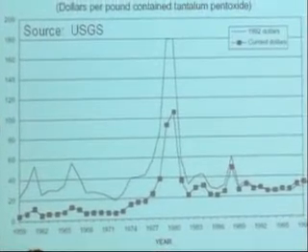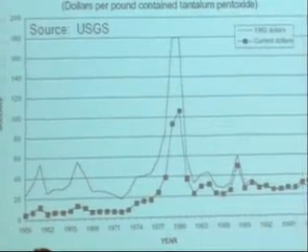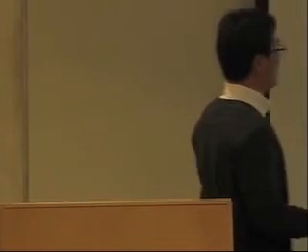GE, General Electric, is not only an electronic appliances company, but also produces a lot of industrial turbines and jet engines. Before this, there was not much use of tantalum. And in about the late 1970s, they introduced a new superalloy using tantalum.